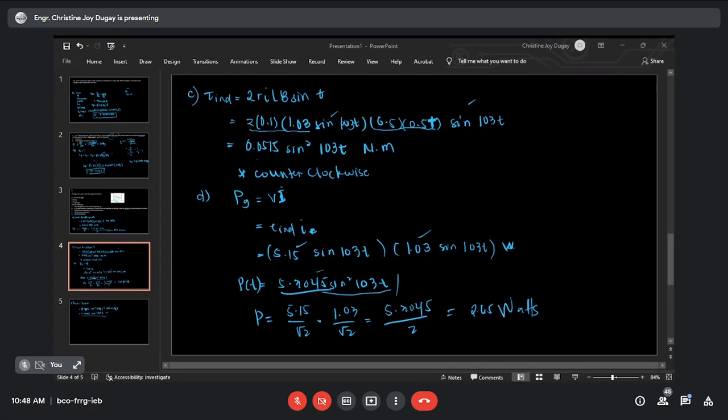Ma'am, wait lang. What is the 1 over t here? 1 over T. Ma'am, in the P generated. P T generated.